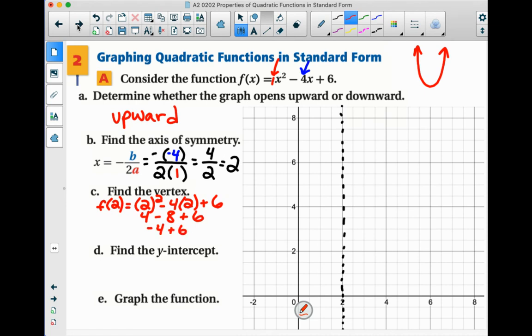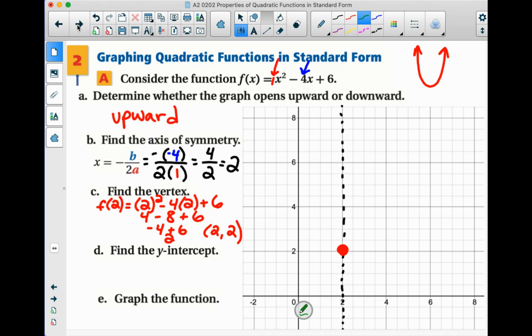And negative 4 plus 6 is 2. So we put in 2 as x. We got out 2 as y. So our domain was 2, our range was 2. There is our vertex, the point where it is going to change directions.